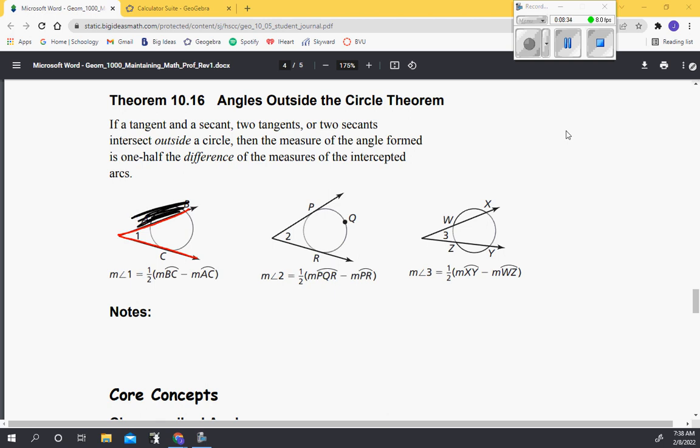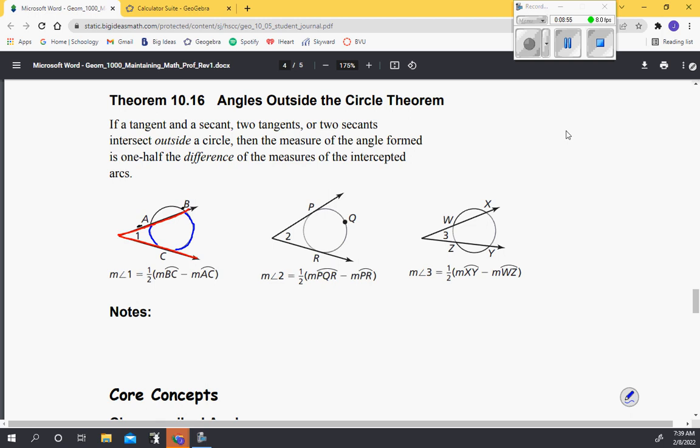What you do is, this is how I remember, you take the arc that's furthest away from 1, BC, and subtract it from the arc that's closest, AC, and then divide by 2.